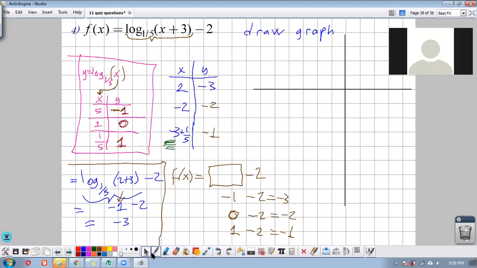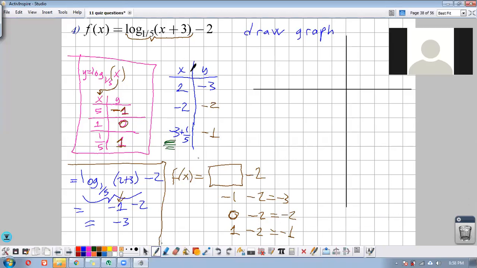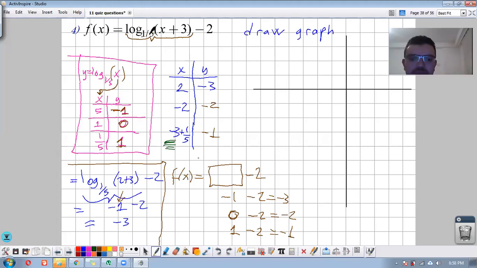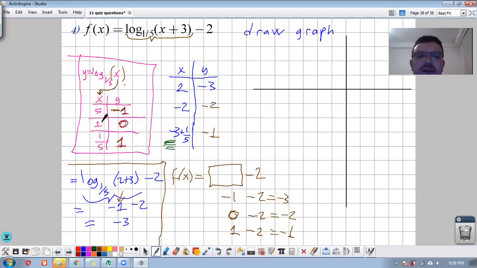Teacher, can I ask you a question? Yes, of course. Why did you have to make it 5 in the first place? X plus 3, why does it have to be 5? It's all about the base in here. Remember, we put the same with the base. Number 1, opposite of the base, 5.